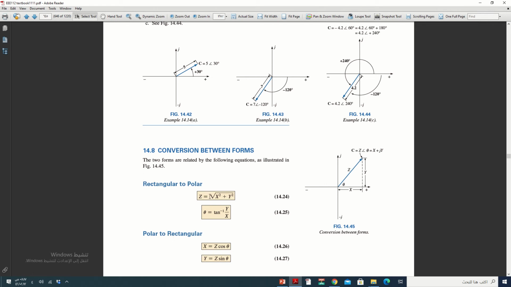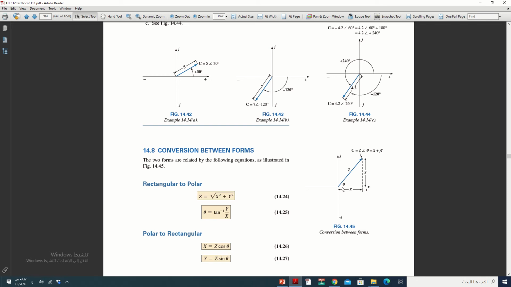if we need to write z angle theta in polar, z equals the square root of x squared plus y squared, similar to Pythagoras. Okay, we have x and y, we can square the x and square the y, and put it under the root, we will get z. And how to get theta?